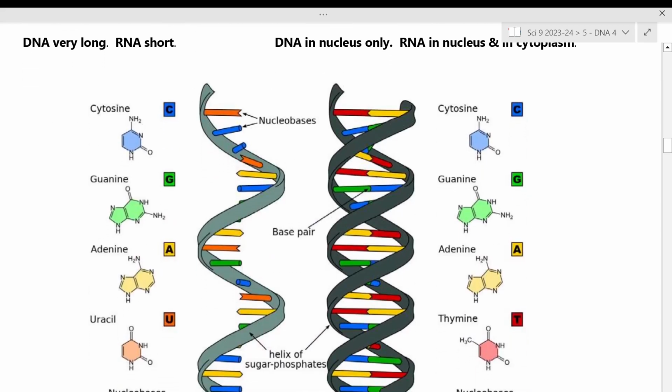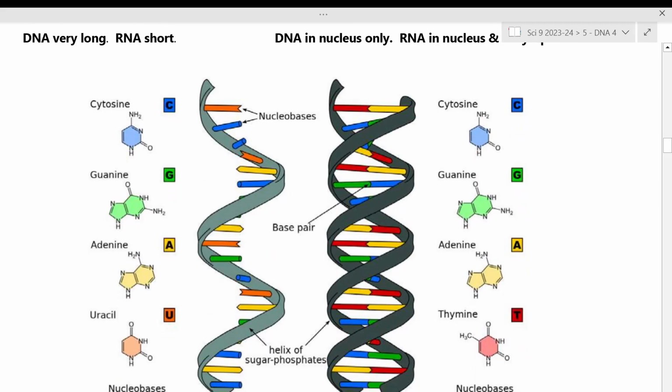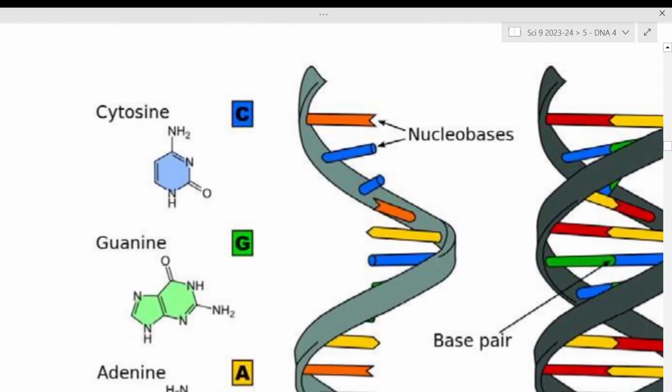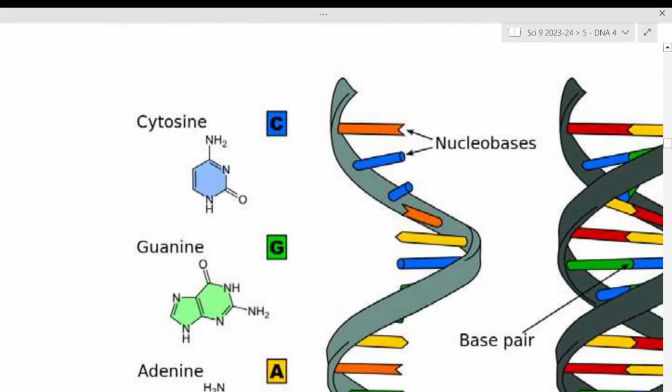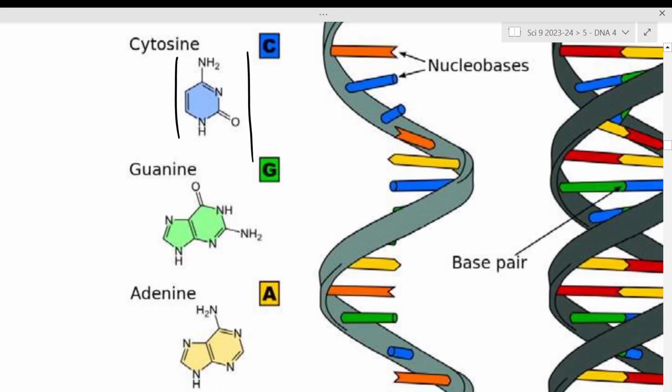Okay, so here is a little picture so you can actually see cytosine. One thing I'd like you to notice about this, do you see how cytosine is kind of a short little molecule? Guanine is longer.